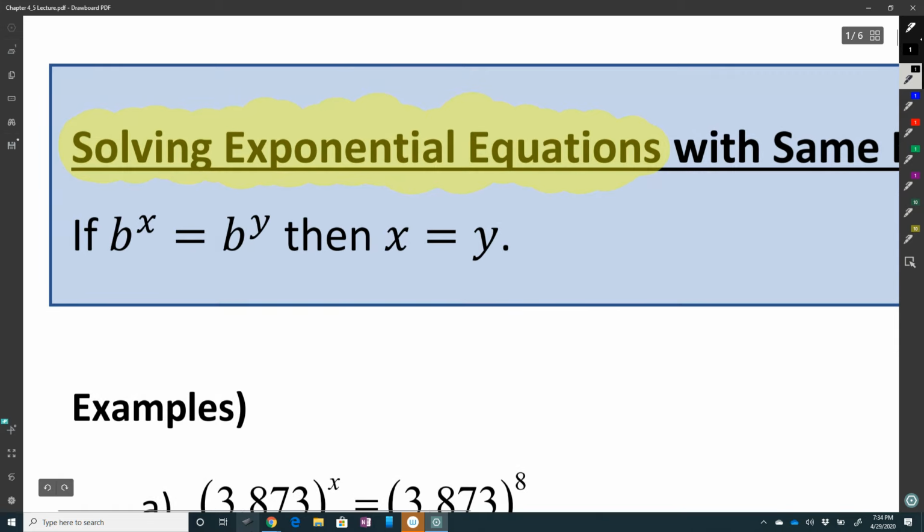It says, if you have the same base, notice that the bases are the same, and there's one base on each side.